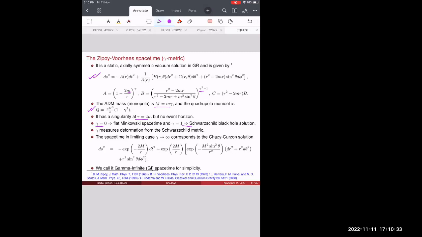And in the limiting case, gamma tends to infinity. If we keep the ADM mass fixed and take the gamma tends to infinity limit, then we get the Curzon-Chazy solution in GR, which is given by this space-time, and we call it the gamma infinity space-time, GI space-time for simplicity. Now we take this metric, study its shadow, and put a constraint on this deviation parameter gamma.